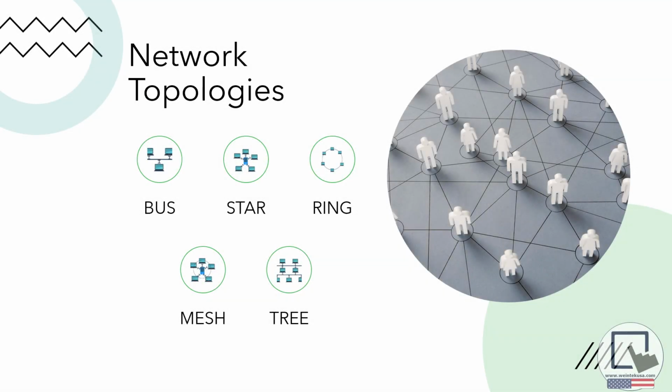A network topology is the physical and logical arrangement of nodes and connections in a network. Nodes usually include devices such as switches, routers, and software with switch and router features.